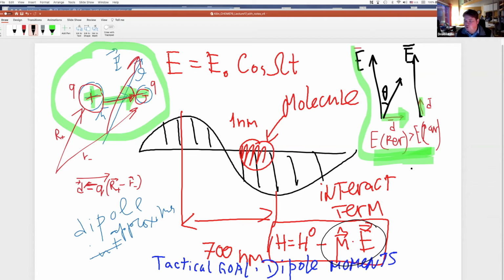There is a way to say what the energy contribution will be. Let's say energy prime will be the value of the dipole times the absolute value of the electric field times the cosine of this angle.